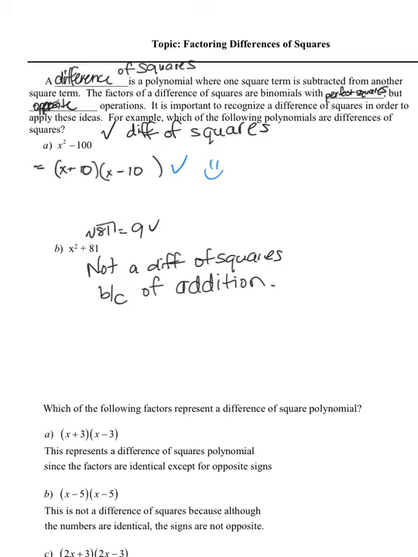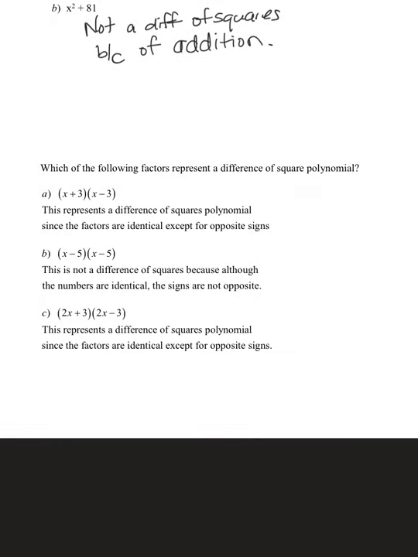Let's go down a little bit. I want to know which of the following factors represents a difference of squares polynomial. I've already broken them into brackets. In A, I have an x and an x, and the same number, 3 and 3, with opposite signs. This is a difference of squares. In B, I have an x and an x, a 5 and a 5, but the signs are the same.